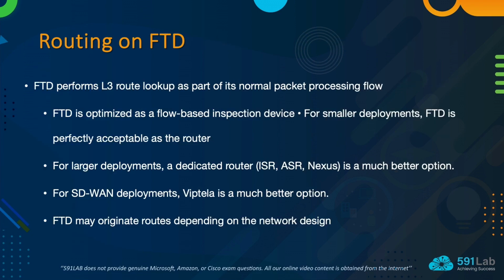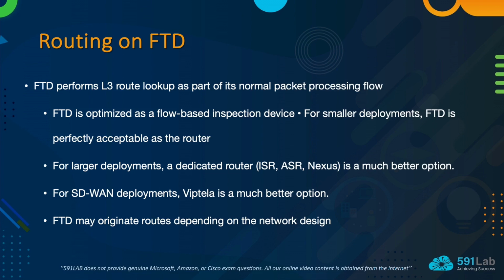Let's take a look at how routing is performed on Firepower Threat Defense. Firepower Threat Defense performs L3 route lookup as part of its normal packet processing flow. This means that Firepower Threat Defense can route packets between different networks.